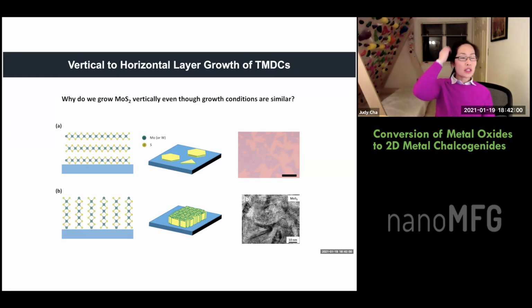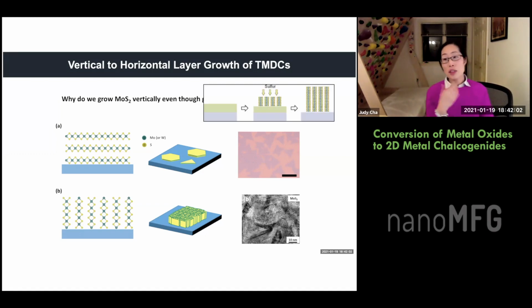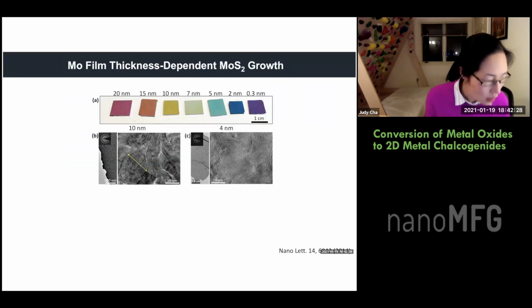So when we first started to do this, we thought maybe this was kinetics, because the sulfur has to start reacting with the metal, and perhaps diffusion of sulfur in plane in making the layers is much faster than trying to make the layers laying flat. So perhaps this is sort of the kinetics, the transport of the sulfur. So I decided to take a look at this a bit more carefully.